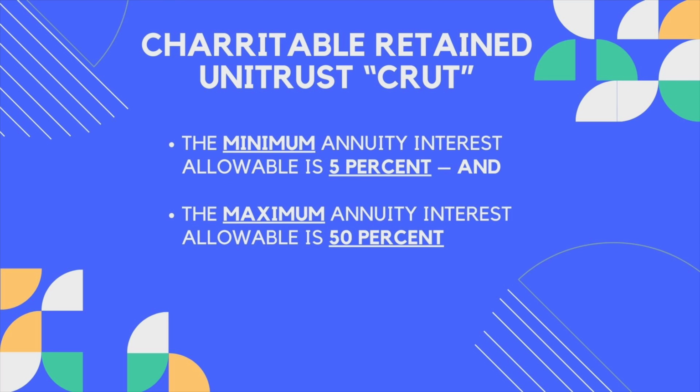For a CRUT, the allowable distributions are similar: 5% minimum, 50% maximum. The difference is the multiplier. A CRUT distribution is based upon a percentage of the value of the trust assets, which is revalued each year. So what that means is that each year, the amount is adjusted by looking at the percentage of the trust to be distributed based upon its then current amount held in trust.